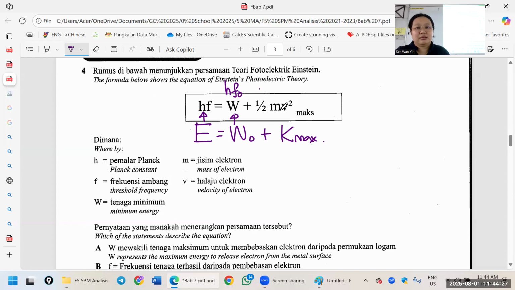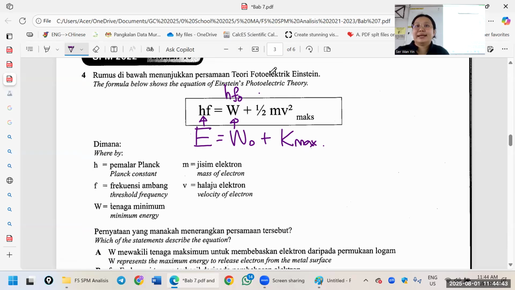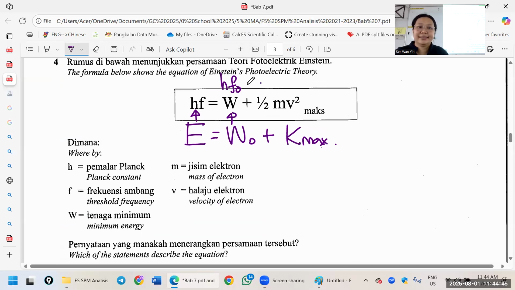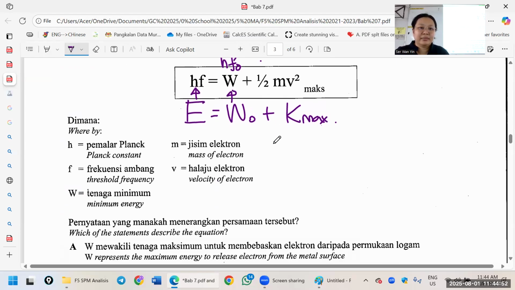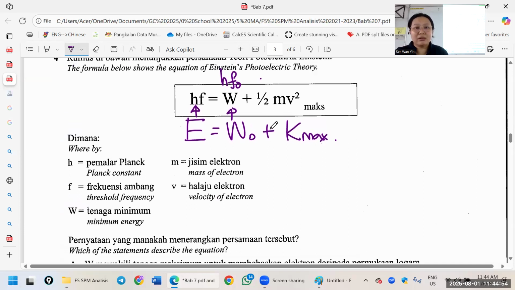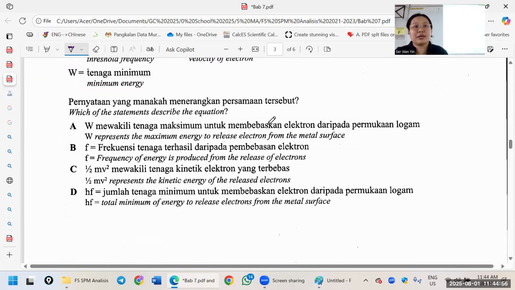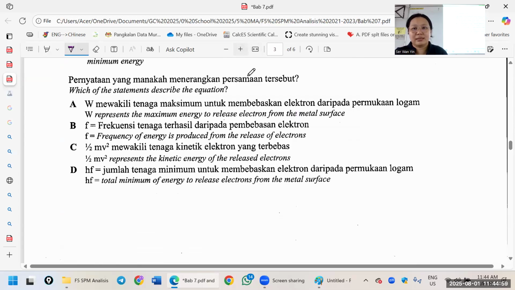Then this one, kinetic energy is half mv square.